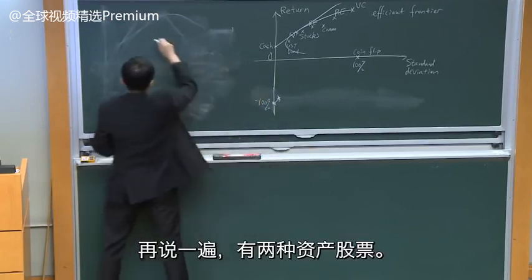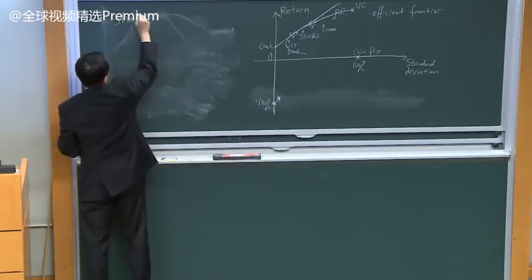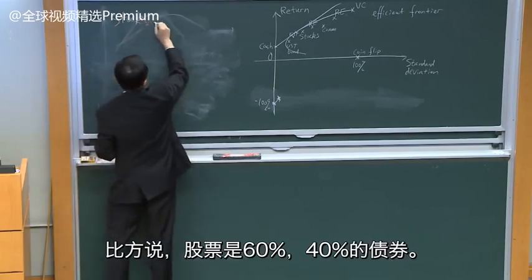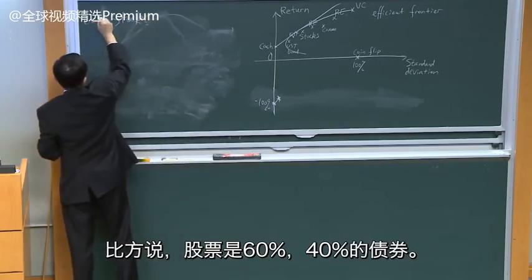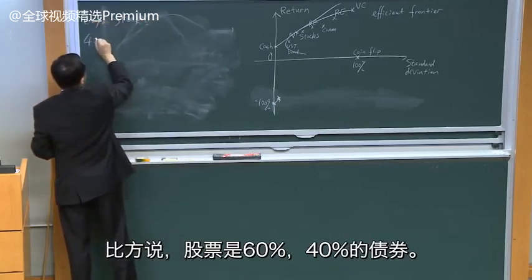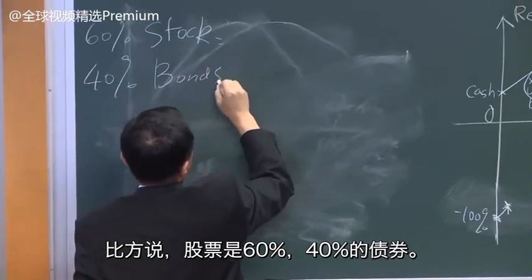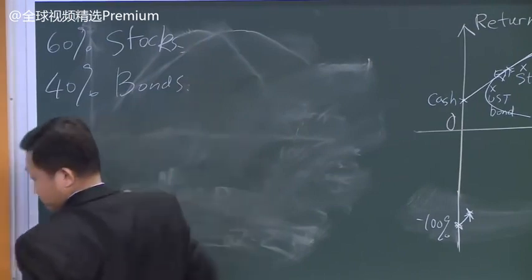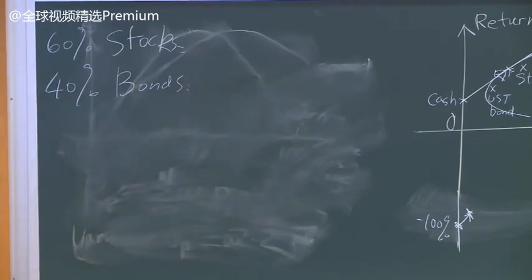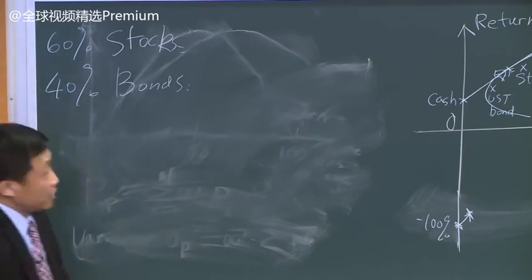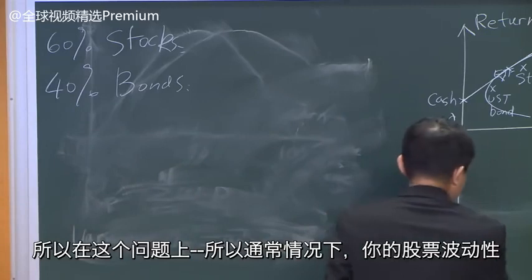Again, two assets: stock at 60% and 40% bonds.